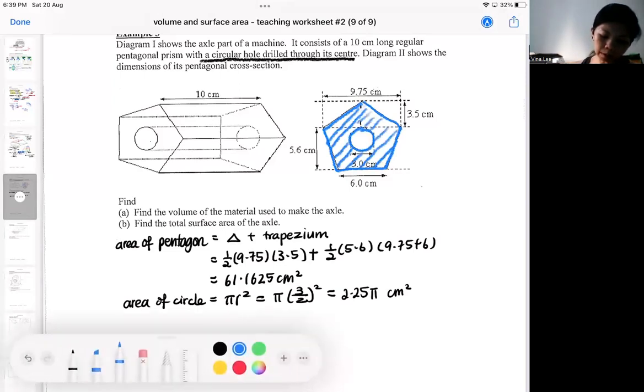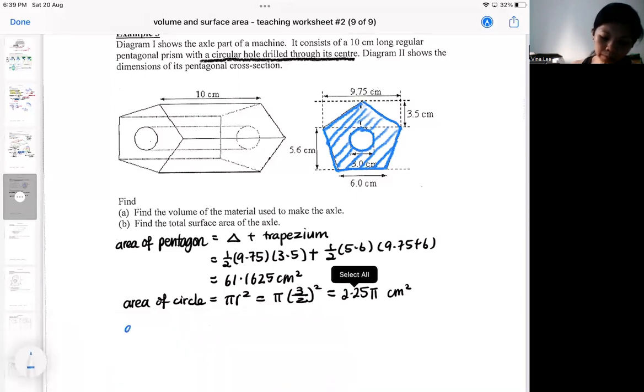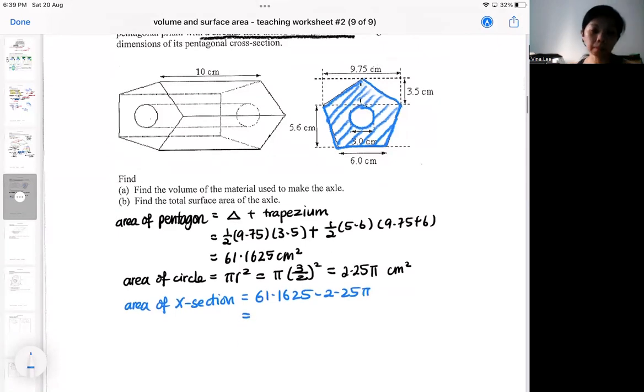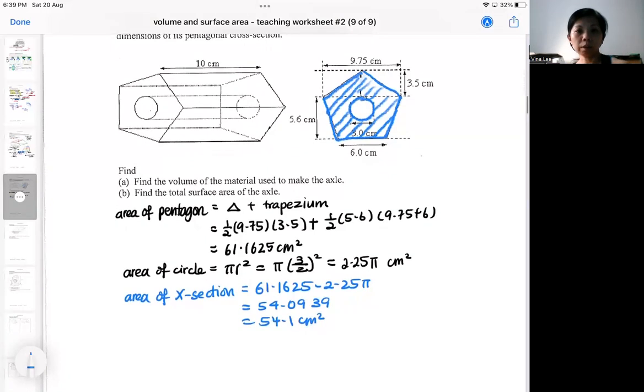So the area of the cross section. Okay, simply take the pentagon, and you minus the circle. Okay, then you punch the calculator. So that is the cross section.